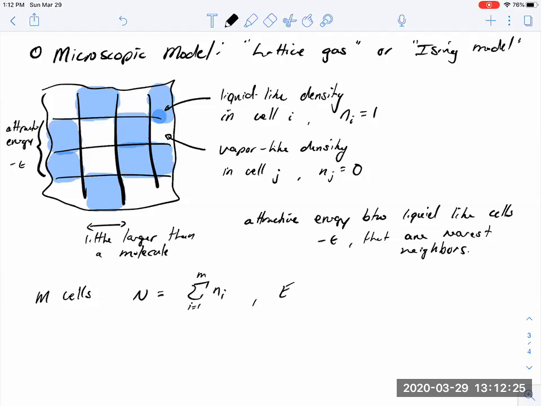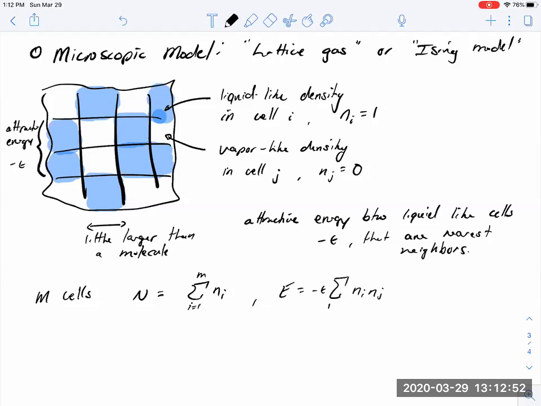And from the rules I've just outlined, we can also write down the energy, which depends on if I have particle Ni and its neighbor Nj. If they are both liquid-like, if I multiply the two, I'll have a 1. If either of those are vapor-like, I'll get a 0. So I get a minus epsilon only if those products, the product of Ni and Nj, are both 1.